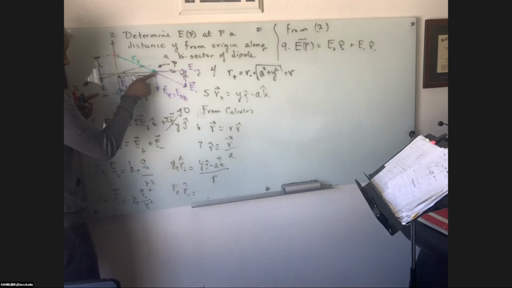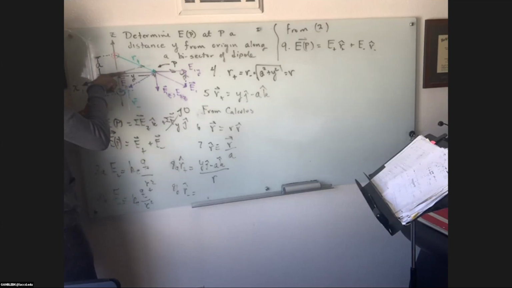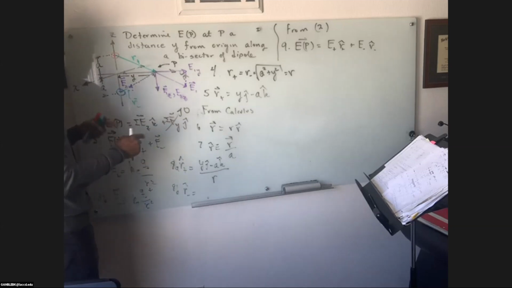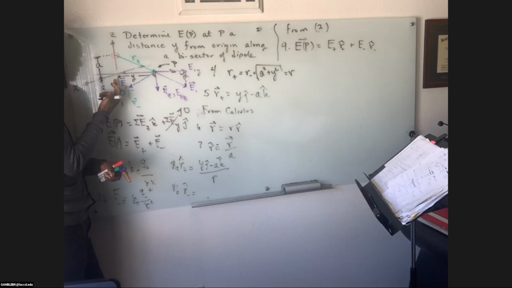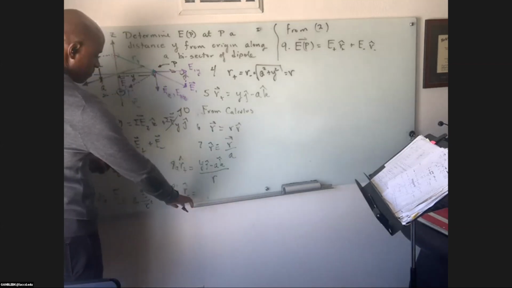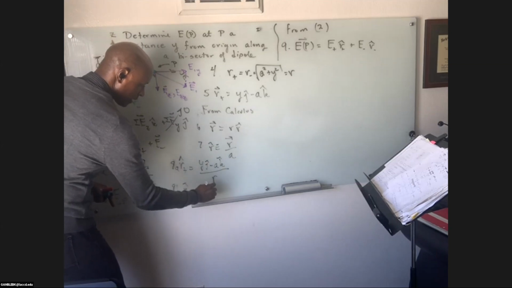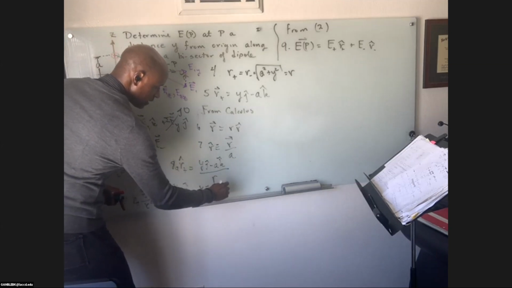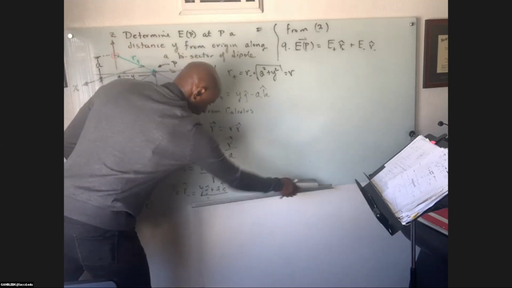Go directly along R, or I can go along the negative direction of negative A, and then along the positive direction of Y. So in this case, it's a negative times a negative. So R negative is going to be equal to Y j hat plus A k hat, divided by R, the magnitude.